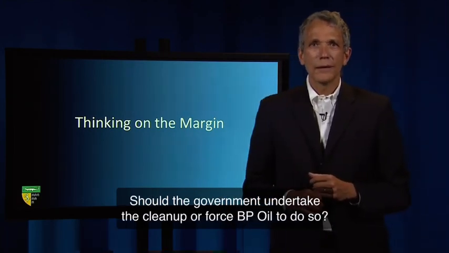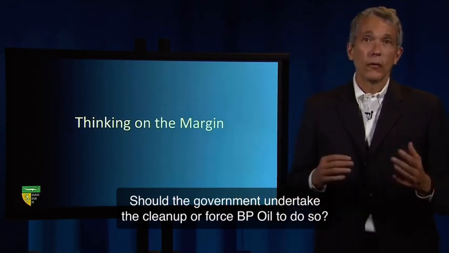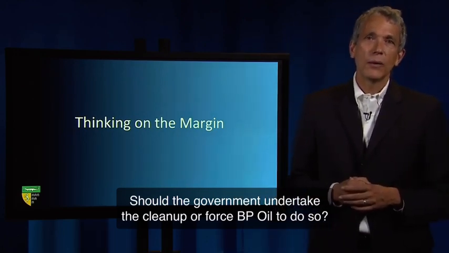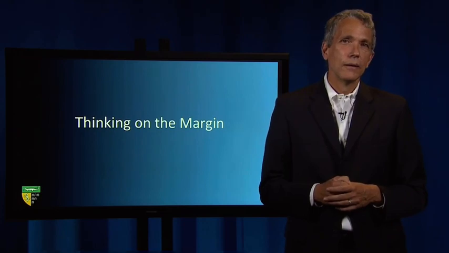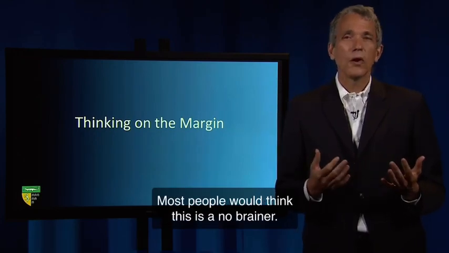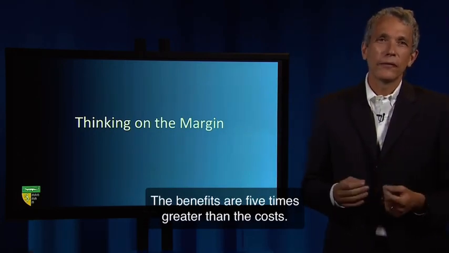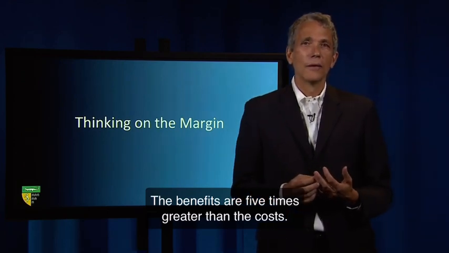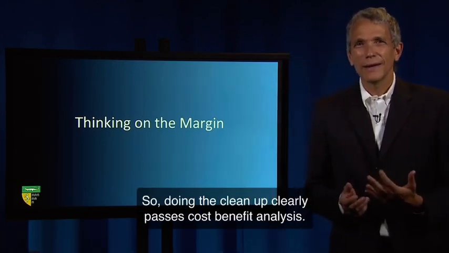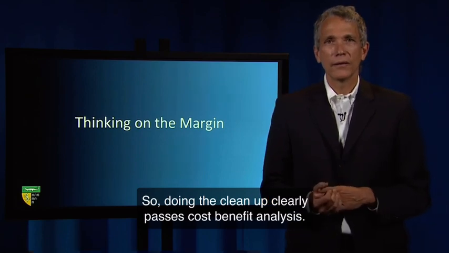Should the government undertake the cleanup or force BP oil to do so? Most people would think this is a no-brainer. The benefits are 5 times greater than the costs. So doing the cleanup clearly passes cost-benefit analysis.